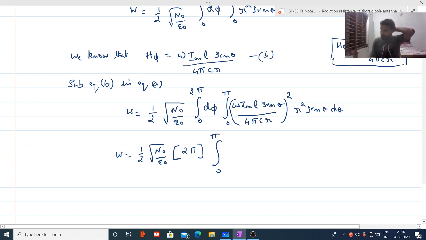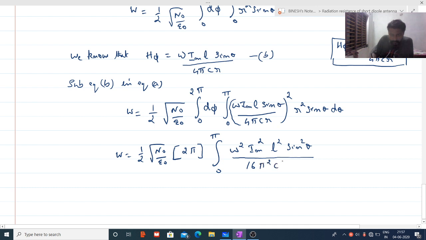I will take omega square inside: omega square Im square L square sine square theta divided by 4 square, that is 16 pi square C square R square, into R square sine theta d theta.